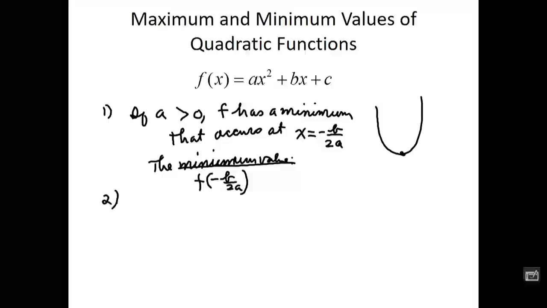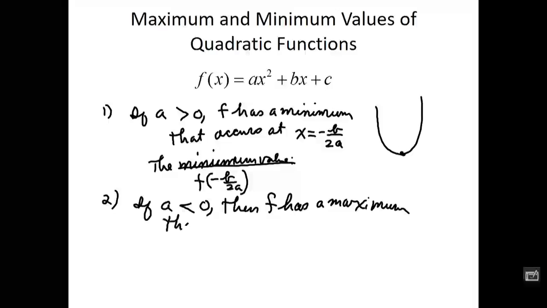We also said that if a is less than 0, then the function f has a maximum that occurs at x is equal to minus b over 2a.